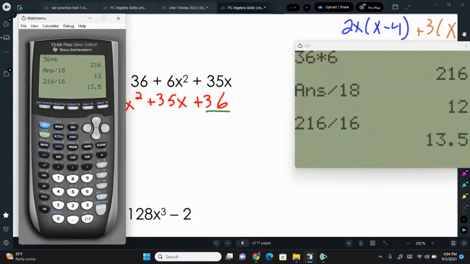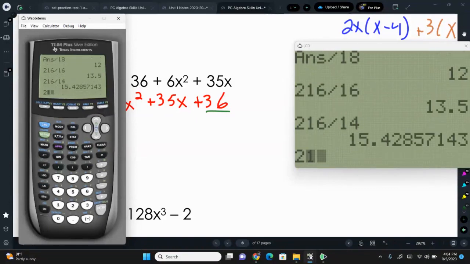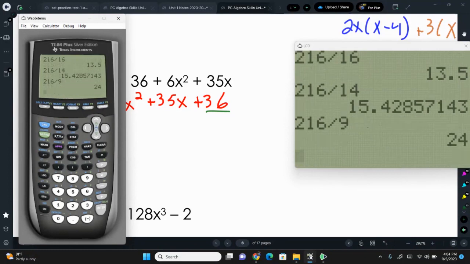Nope. What about 9 and 24? If we add 9 and 24, we still don't get 35. So let's keep checking.